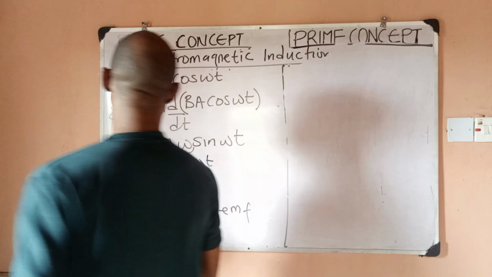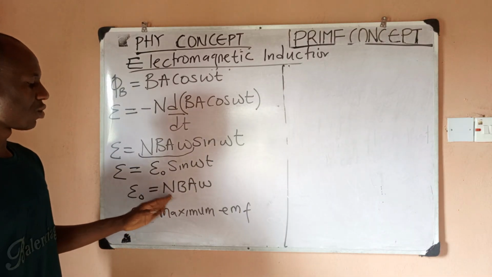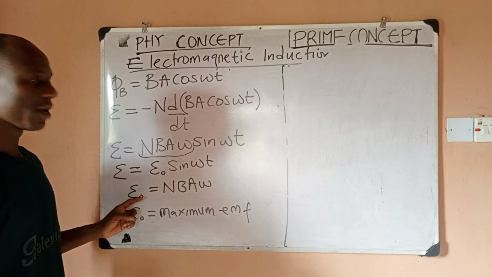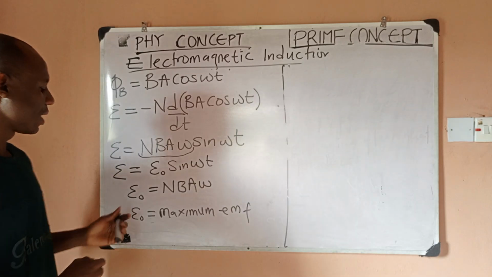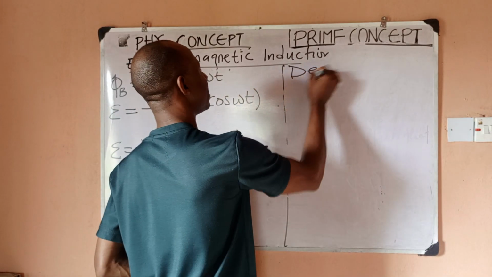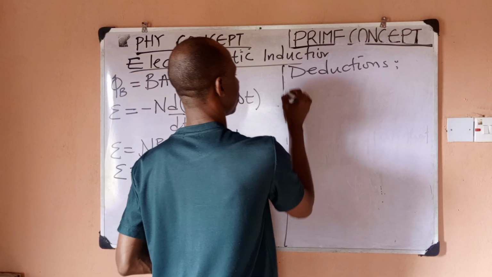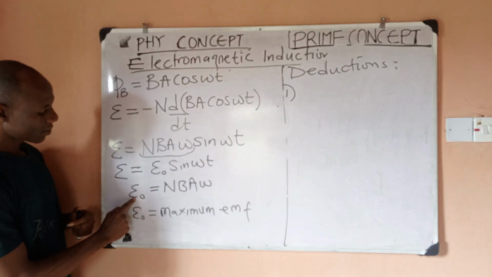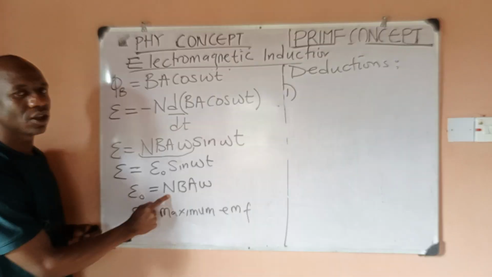Now, very quickly, this equation points out a good number of things to us. It tells us the quantities upon which the EMF that is induced would depend. So let's write this as deductions from Faraday's law. Number one deduction is that the induced EMF is dependent on the number of turns.